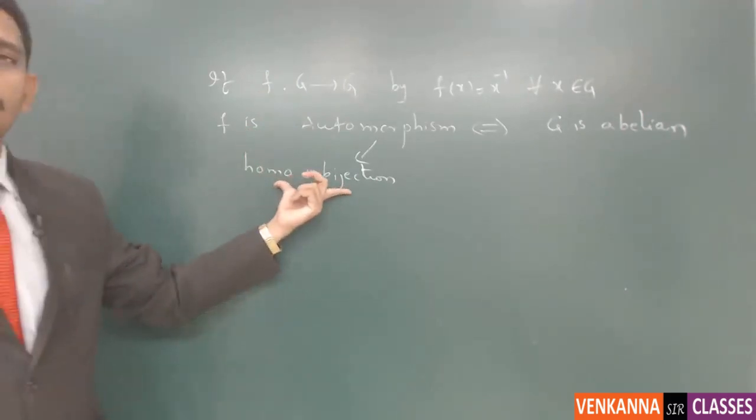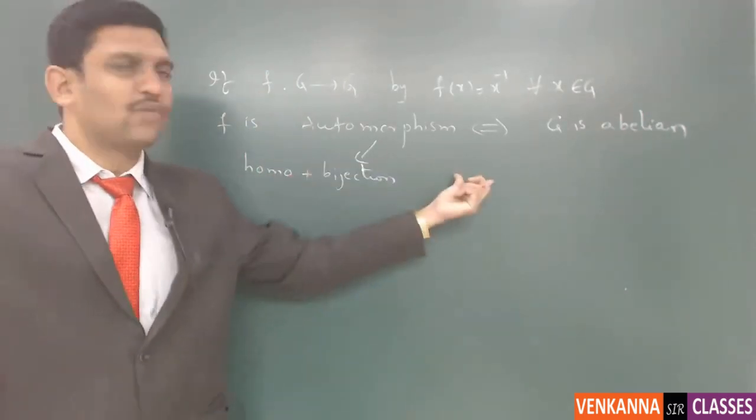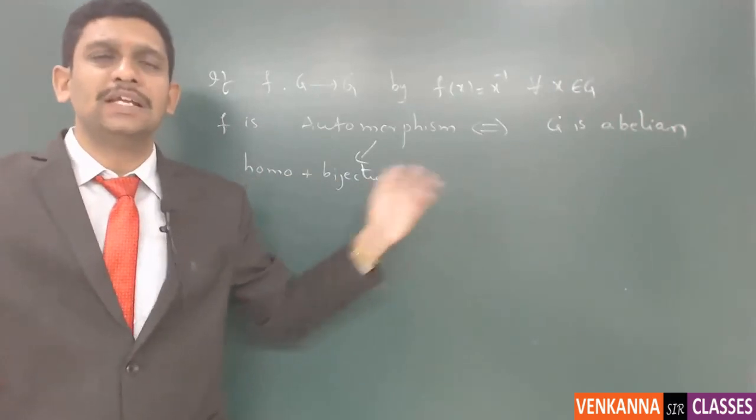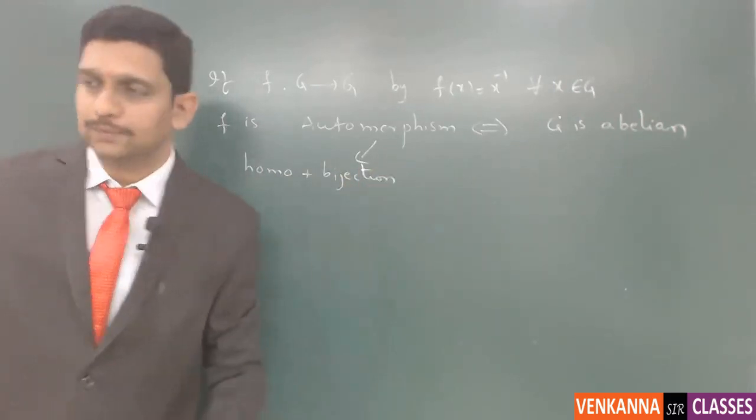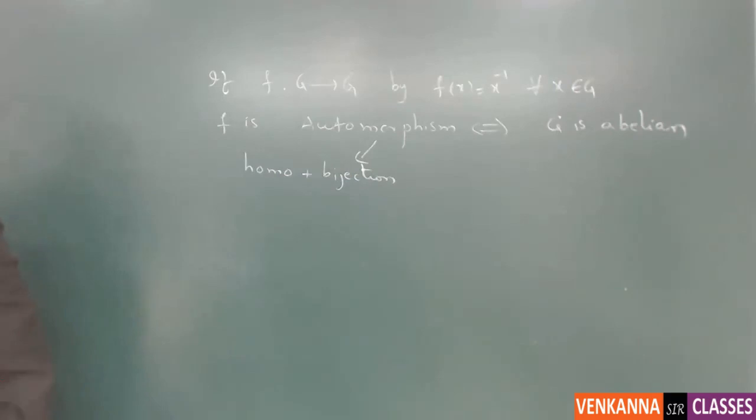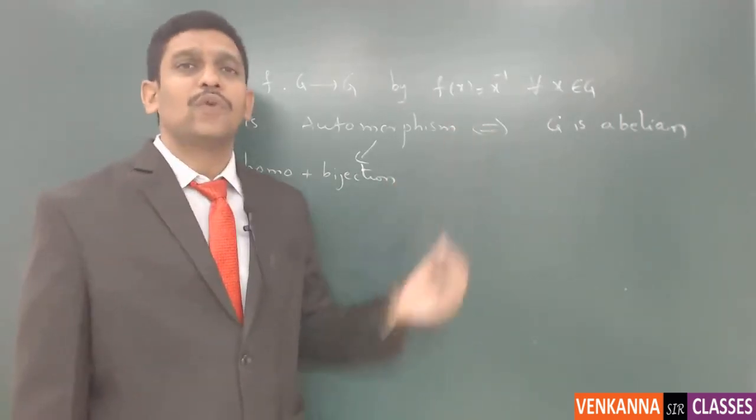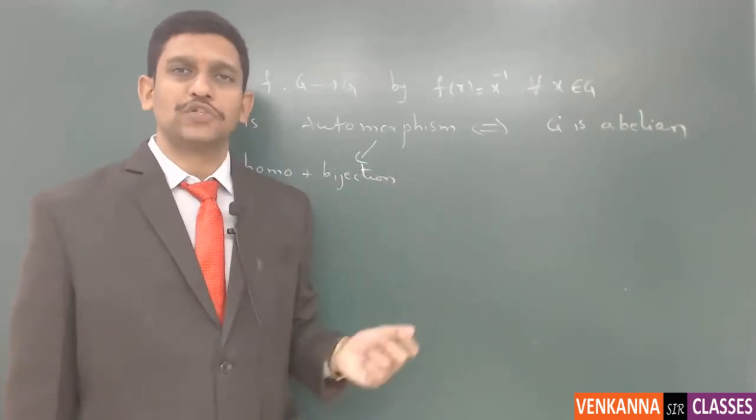So isomorphism if and only if G is abelian is our criterion to prove. Is the context clear for everyone? Right? Since it is an if and only if condition, it has two parts to prove.